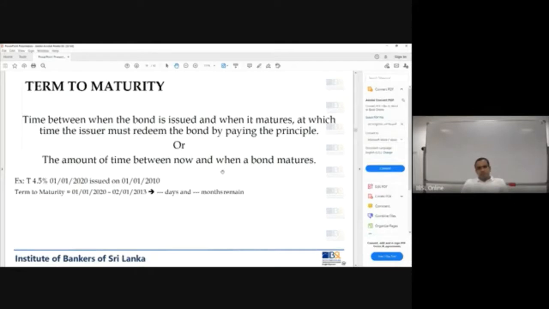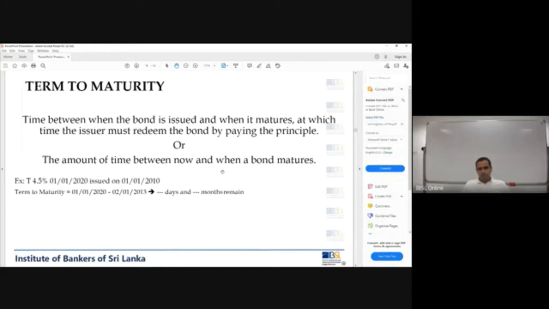We are still on the terms of bonds: term to maturity. This is bond terminology. The time between when the bond is issued and when it matures, at which time the issuer must redeem the bond by paying the principal, or the amount of time between now and when a bond matures.